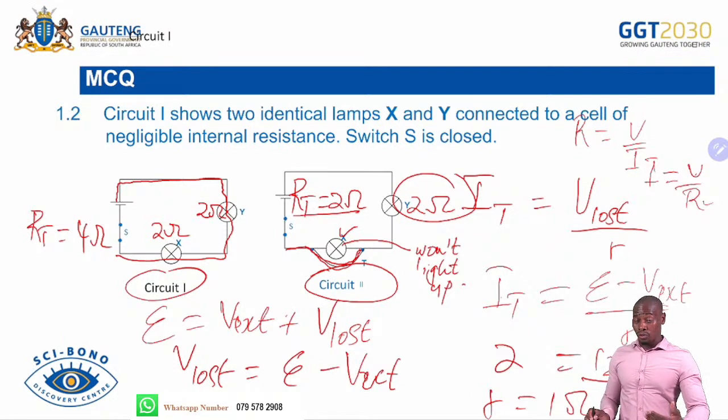So you can see now that if we remove a resistor connected in series, what happens to the total resistance? The total resistance will decrease.